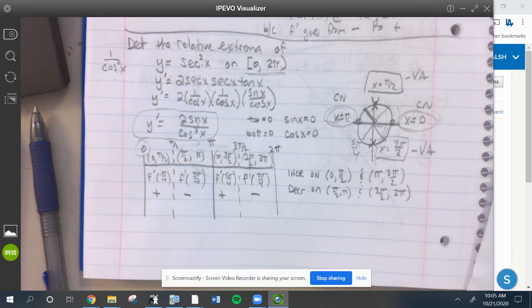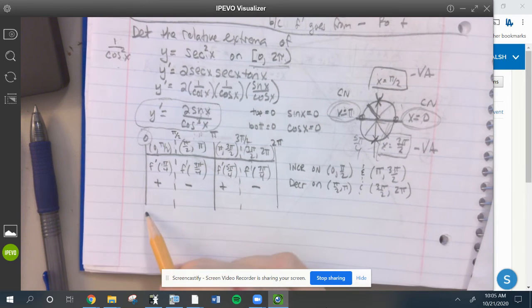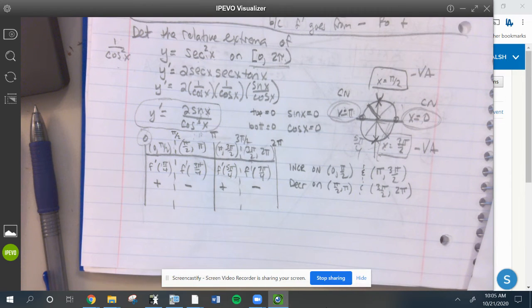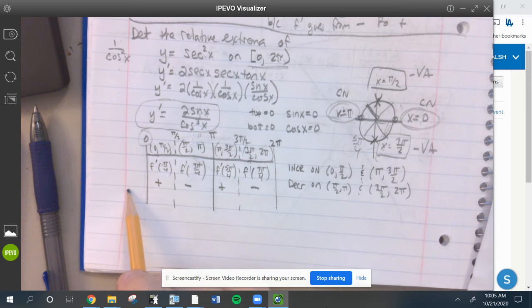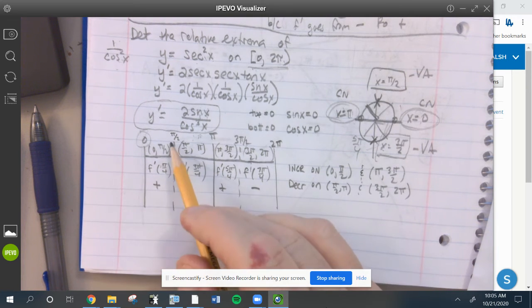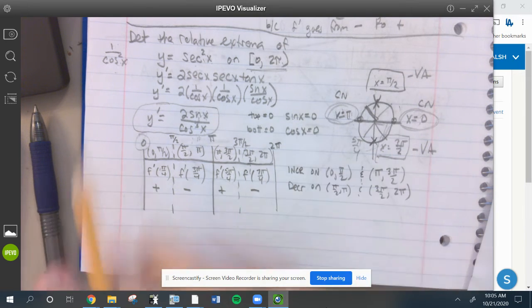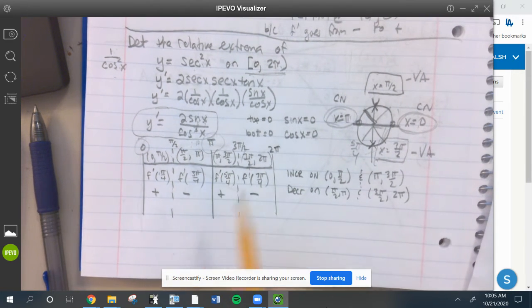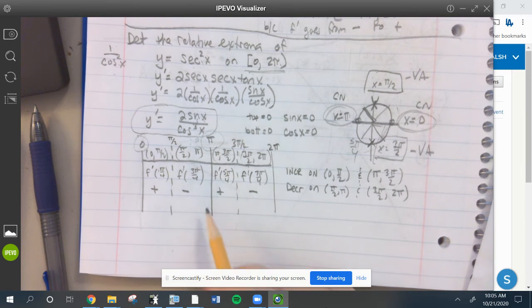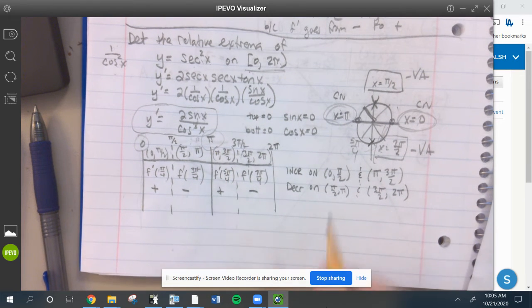Now the relative extrema. We got a break here, because you're not going to call 0 a relative extrema because that's on an endpoint. There's nothing to compare it to. These asymptotes we can't call relative extrema. The only critical number within the whole interval is pi. And pi is a relative extrema because the derivative goes from negative to positive.